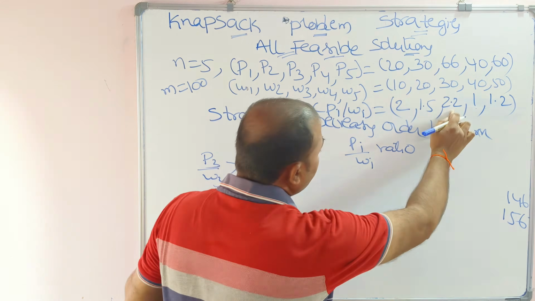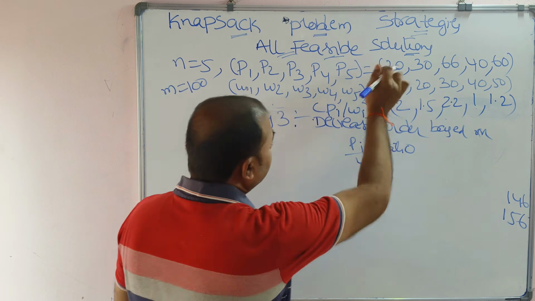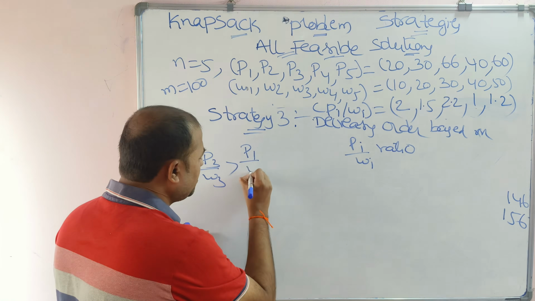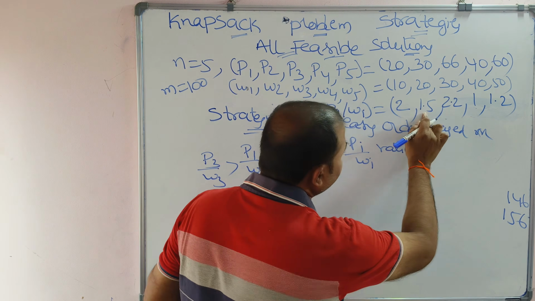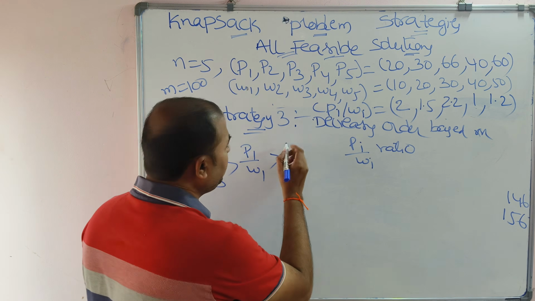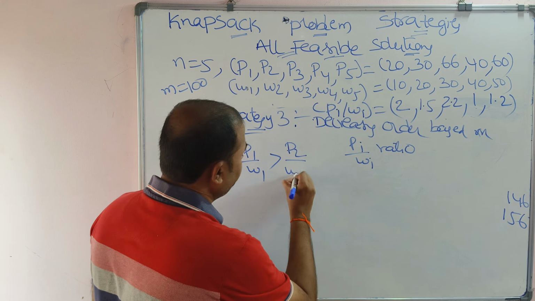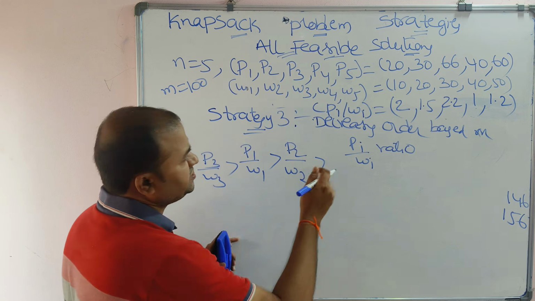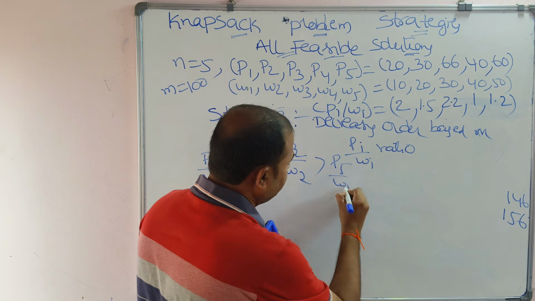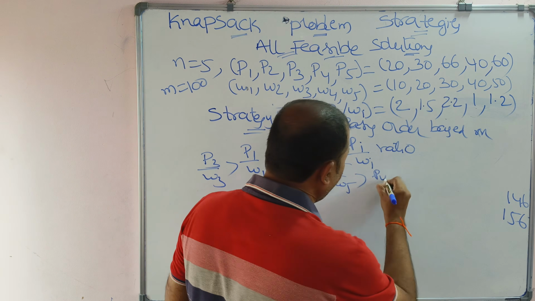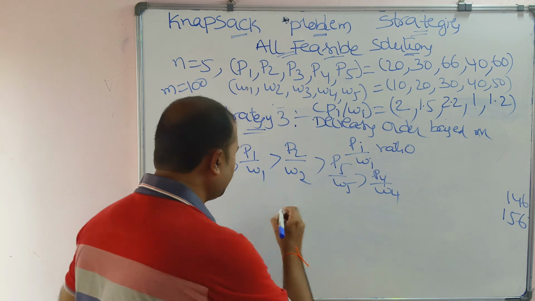Next, after 2.2, what is the maximum value? 2. 2 means first object. So first object profit by weight means P1 by W1. Next, after 2, the maximum value is 1.5. So 1.5 means second object. So P2 by W2. Next, 1.2. 1.2 means fifth object. Next, fourth object. P4 by W4.